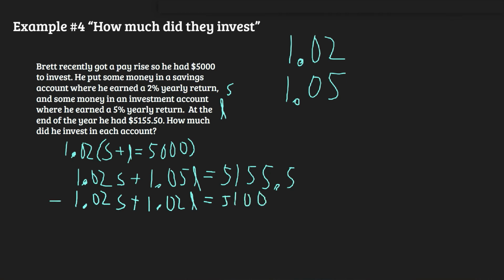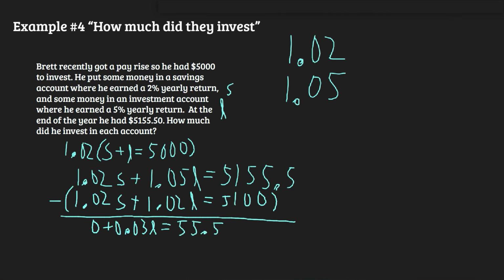And then let's just do our elimination there. So 1.02S minus 1.02S is equal to 0. And then 1.05L minus 1.02L is just going to be equal to 0.03L. And then 5,155.5 minus 5,100 is equal to 55.5. Then let's divide both sides by 0.03.